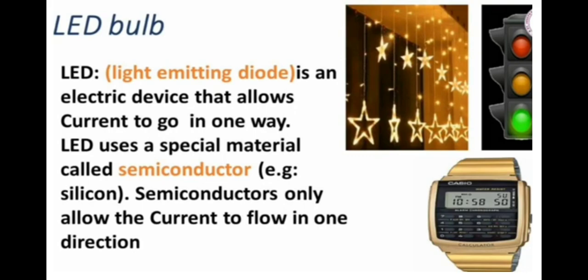Instead of that, we use gallium arsenide or gallium phosphide as its basic material. At the time of LED fabrication, the reason to use these materials is that they exhibit a special property through which they emit energy in the form of photons rather than in the form of heat.